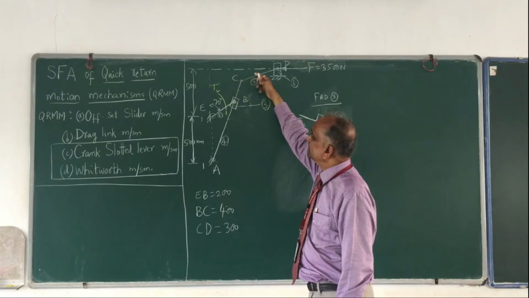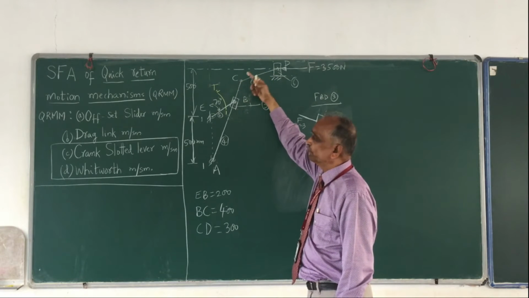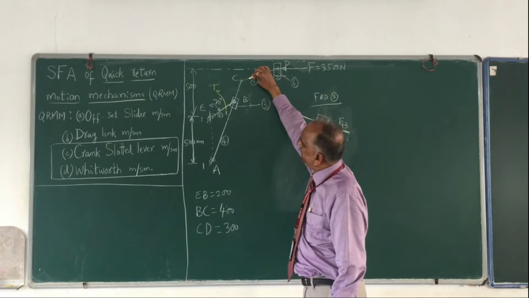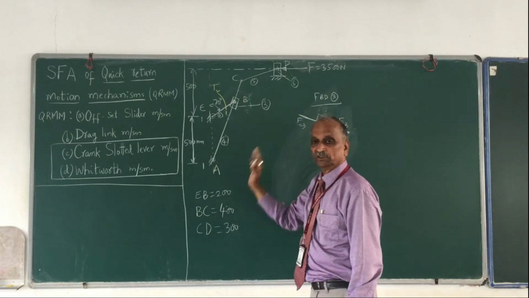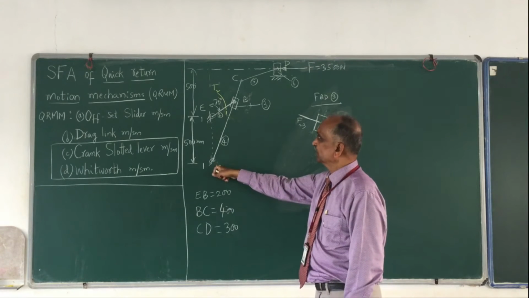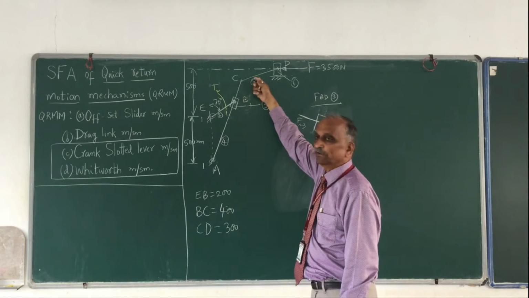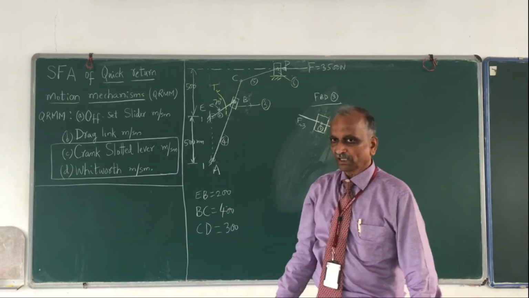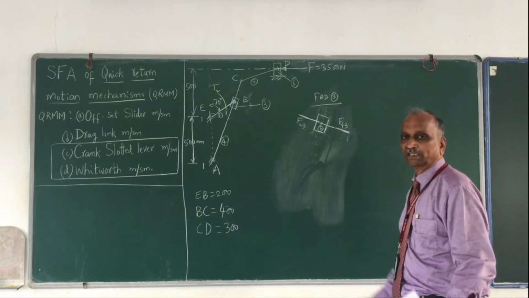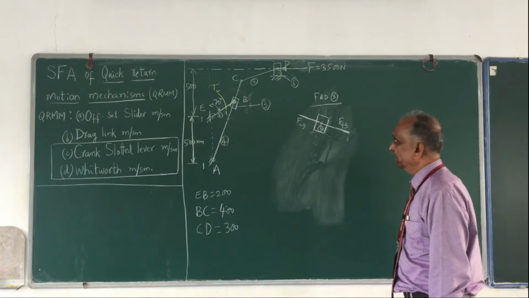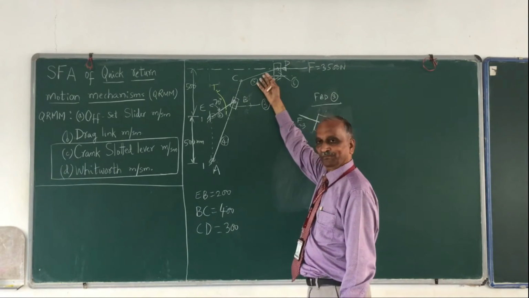And another force F54, force from link number 5 acting on this link. So therefore it is a 3 force member, F14, F34, F54, and I don't know many of them, and therefore I shall not draw the free body diagram of link number 4 right now. Let me go to link number 5.